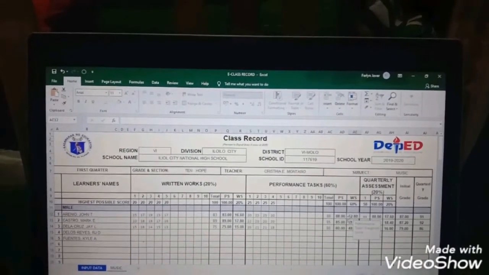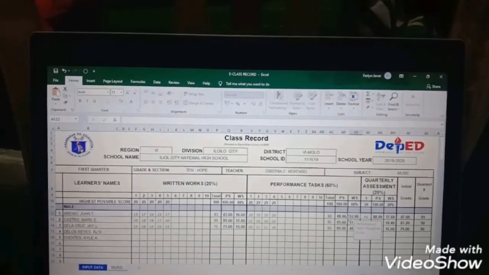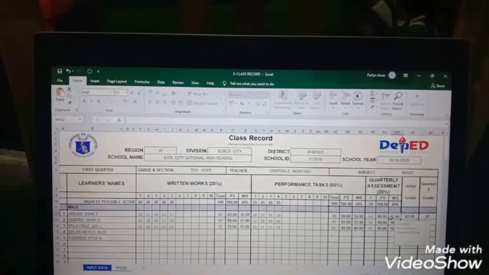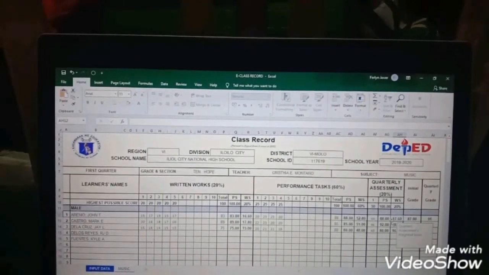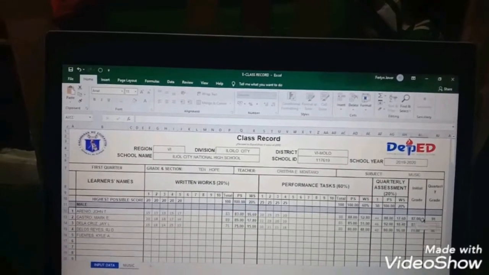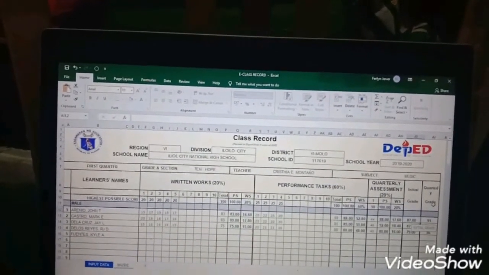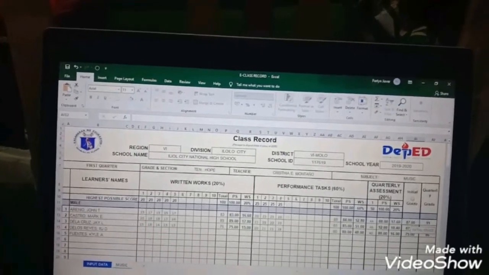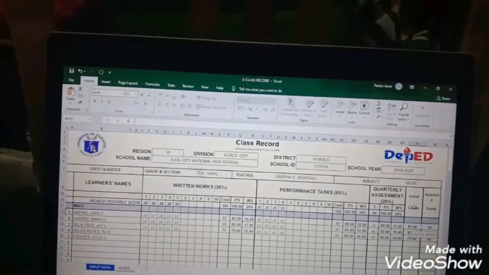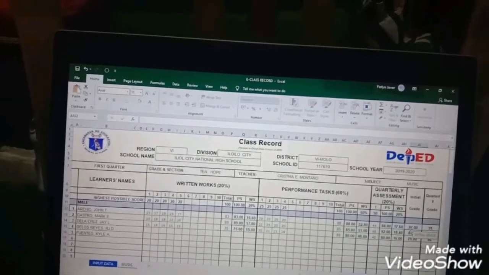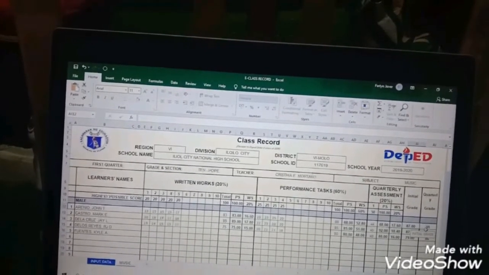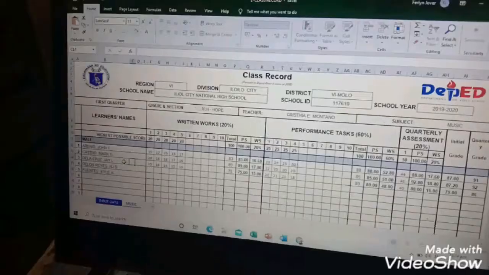In performance tasks, he got 52.80. In quarterly assessment, he got 17.60, for a total of 87. For his initial grade, he got 87, and for the transmuted grade, he got 91.